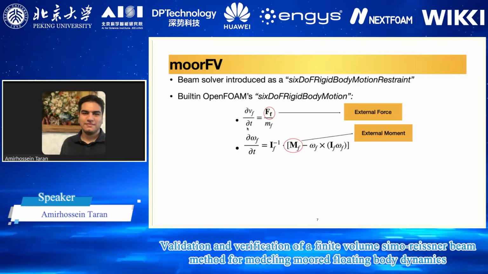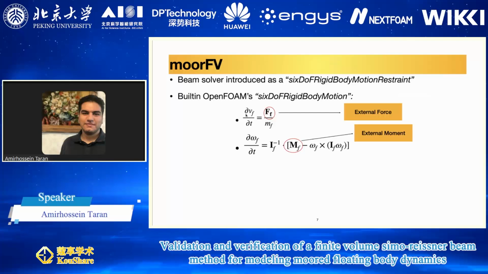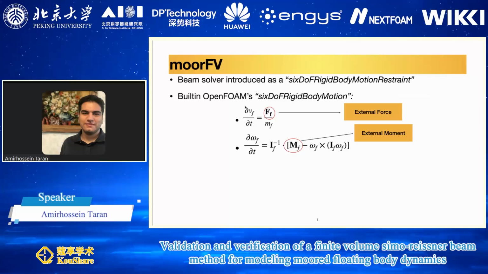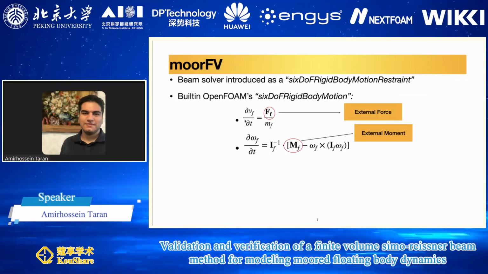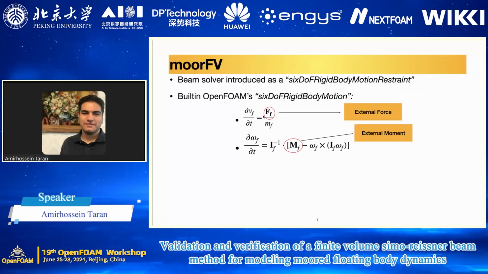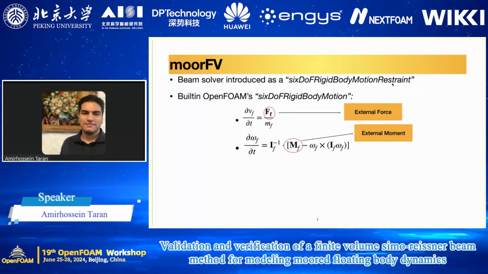As you see, we have the linear and angular velocities, which are just Newton's second law. So we have an external force and external moment. These external force and moment are happening within the restraint, not the constraint.